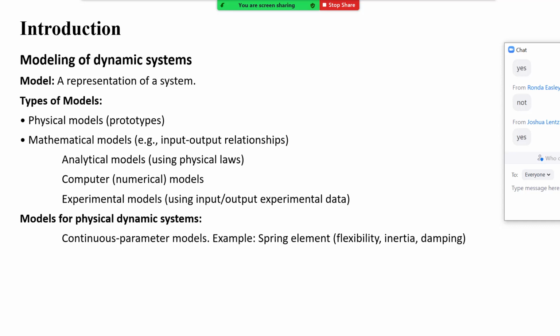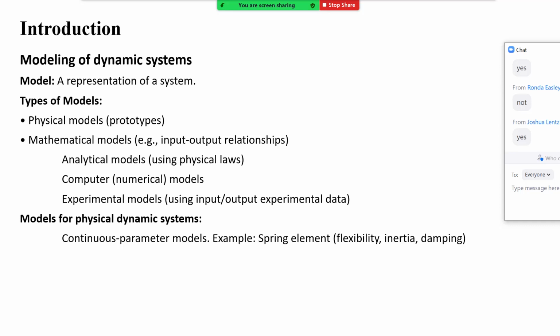Where do we get this mathematical model? We can get it from analytical analysis. We apply the physical laws, whether it's motion, Newton's laws, whether it is a circuit, Kirchhoff's voltage and current laws, any analysis tools and techniques to get a relationship between the input and the output.